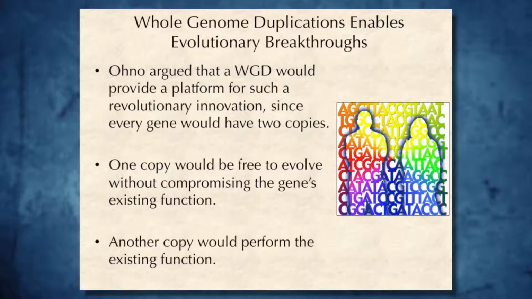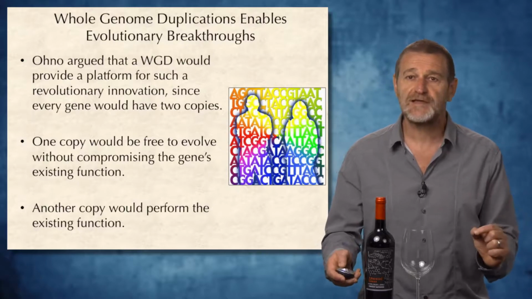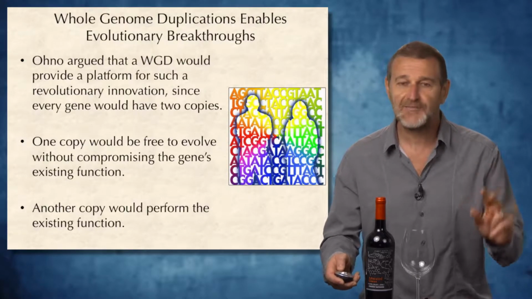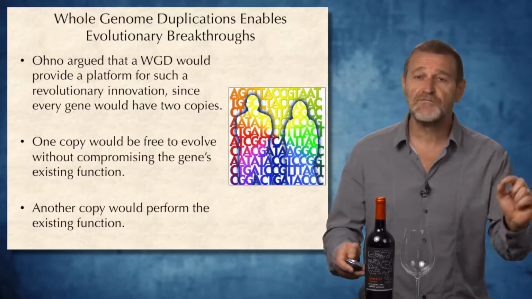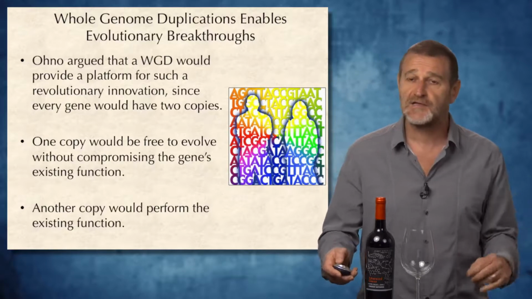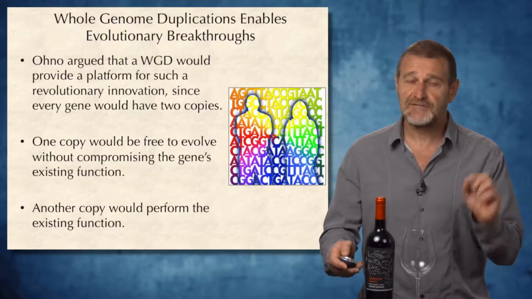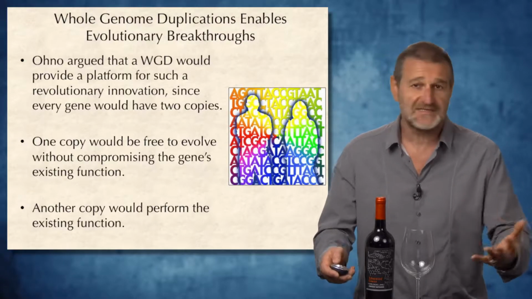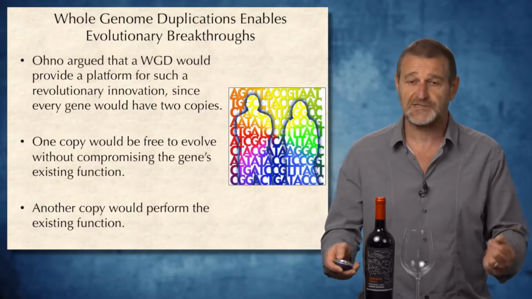But how does whole genome duplication help to invent a new metabolic pathway? Well, right after the whole genome duplication, every gene will be present in 2 copies. One copy will be free to evolve whatever new revolutionary function is needed, for example, creating a new metabolic pathway, while the other copy of the gene will simply support the life of the existing organism, doing whatever function it was supposed to do before the duplication.